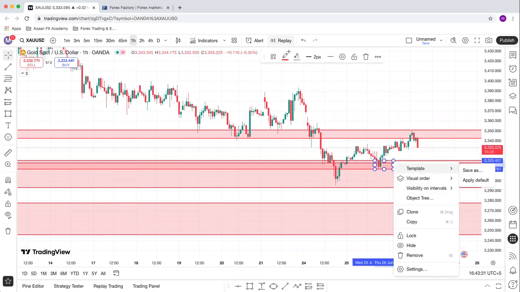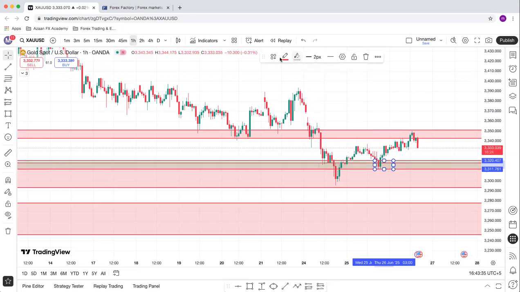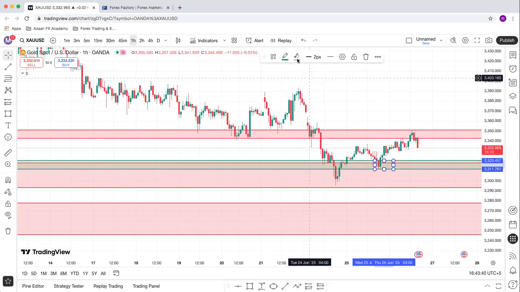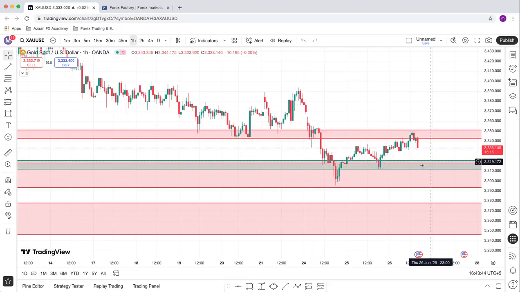We should change its color to green, and so this is the support. Gold may take support from this point, and it may go upside, and then it should break this resistance like this.